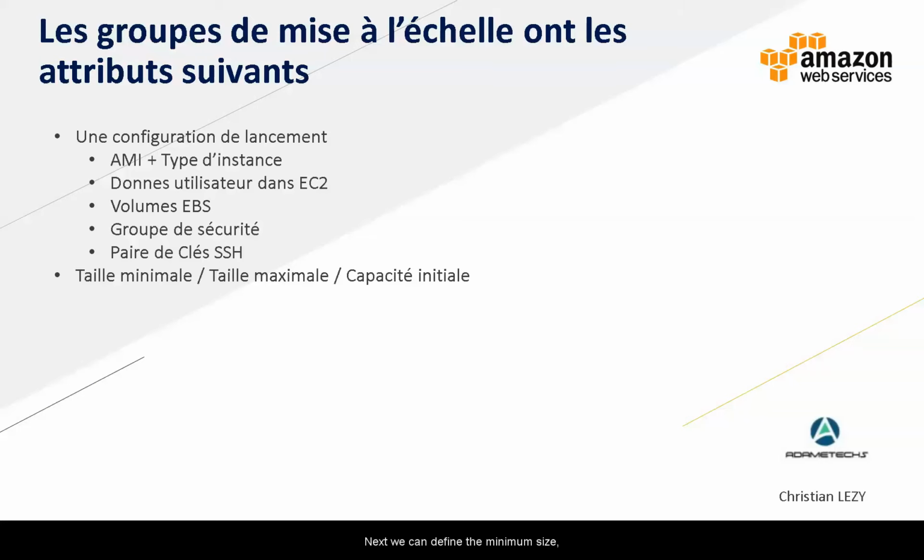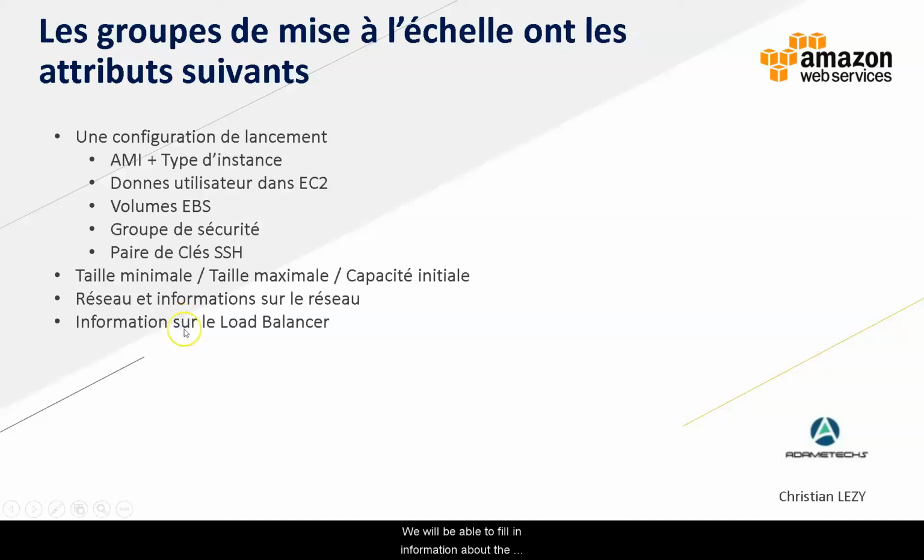Next, we can define the minimum size and maximum size, as well as the initial and desired capacity for our ASG. We'll be able to fill in information about the network, information about the load balancer, define a scaling strategy. What triggers will reduce the number of machines and what triggers will increase the number of machines.